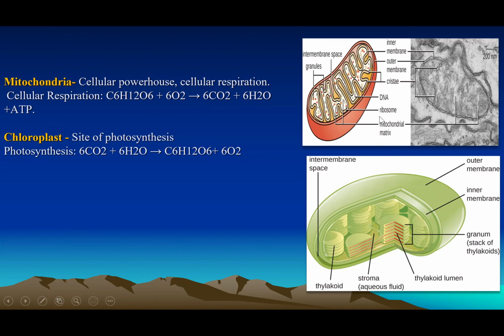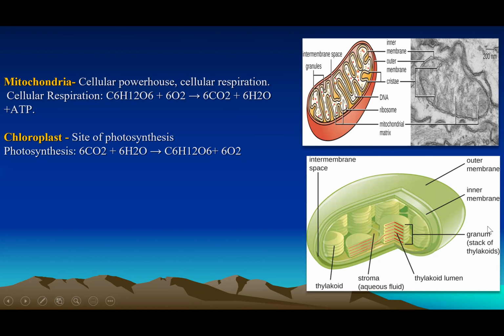Mitochondria have an outer smooth membrane and an inner membrane, so it's a double membrane. The inner membrane is thrown into folds called cristae. It will have a mitochondrial matrix, and there's an intermembrane space here. The different steps of cellular respiration happen in different parts of the mitochondria.